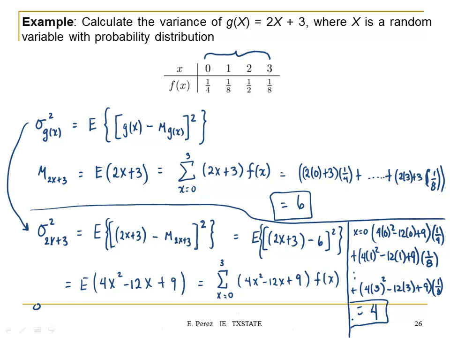And that's your variance. Okay, so when you solve it, you have to substitute for each x and multiply times the probability, for the 4 outcomes that you have from 0 to 3.